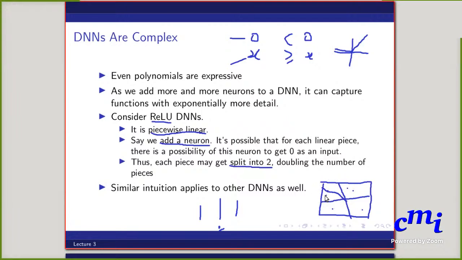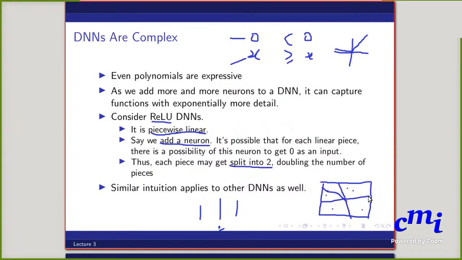Instead, the complexity of the piecewise nonlinearity of the function that it computes can be as complex as possible. In fact, there is an exponential amount of complexity in the behavior of the function that it computes.